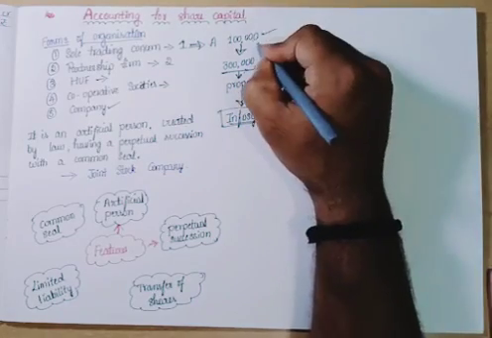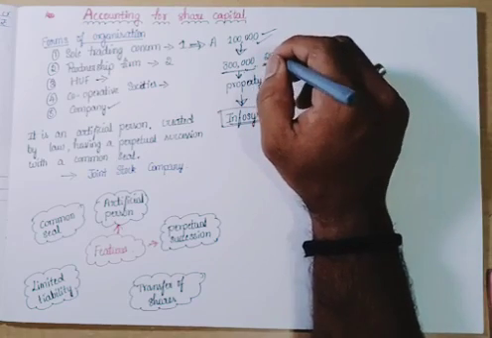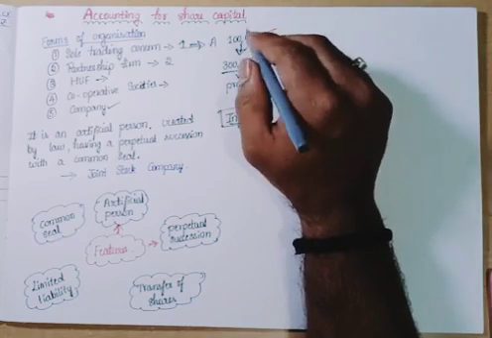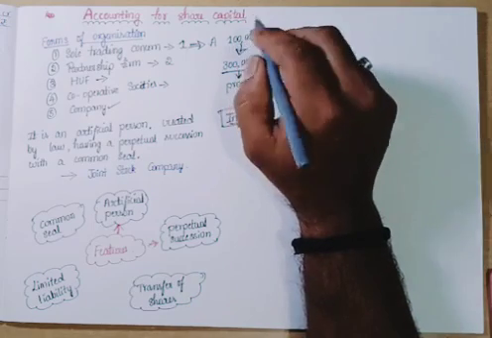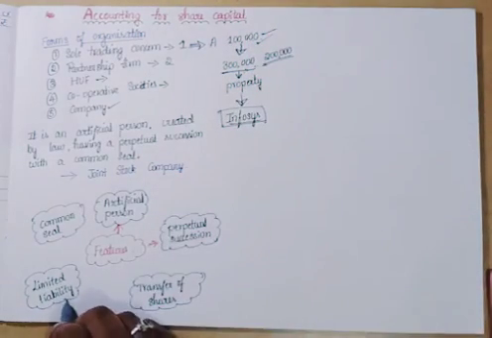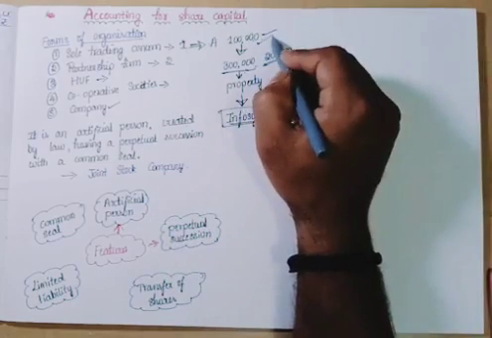So the maximum I may lose is 1 lakh. I need not sell my personal property and I need not face this 2 lakh rupees. If my liability towards losses is limited only up to my investment, then it is called limited liability. In a joint stock company, members' liability is limited to their investment.